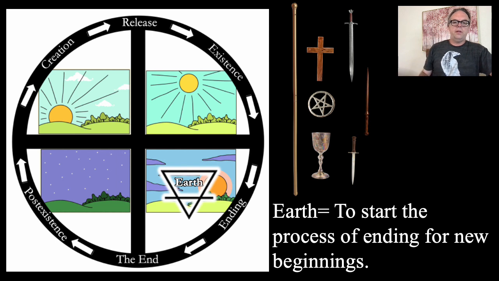The earth element. The earth element represents the process of ending, because it's the ending of the day. And this element is very, very important traditionally in alchemy, because all alchemical processes started with ending. They called it the Nigredo phase.